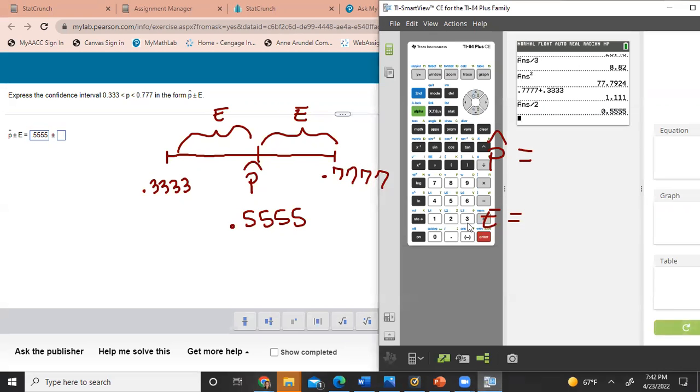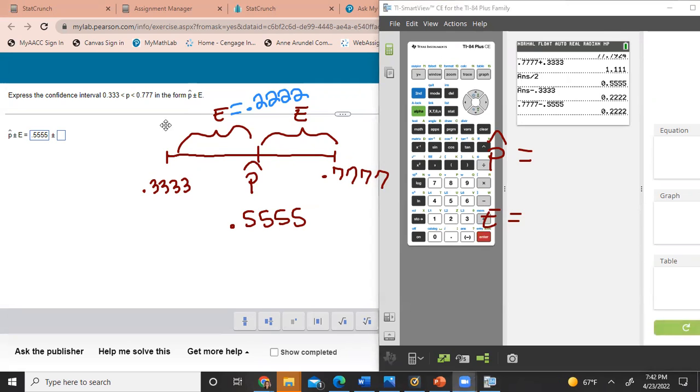You can do this a couple ways. You can say 0.555 minus 0.333. I feel like a crazy person the way I'm having to repeat these numbers. They're weird numbers, but that's okay. So you could calculate it that way. You could also have said the other way around: 0.777 take away 0.555, also 0.2.